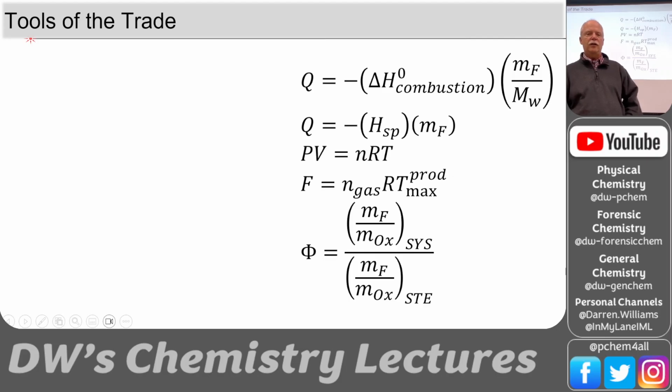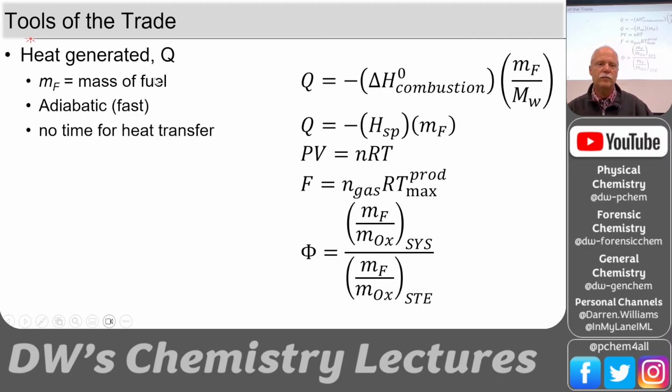Okay. So here's some tools of the trade in terms of keeping track of the heat that goes in, that comes out of these combustion reactions. Okay, so the heat generated is given the variable Q. And so here's your heat of combustion. This is per mole. And so typically we can estimate or calculate the mass of the fuel.